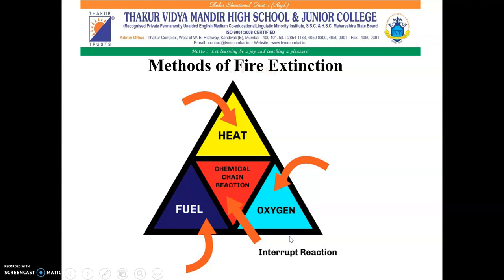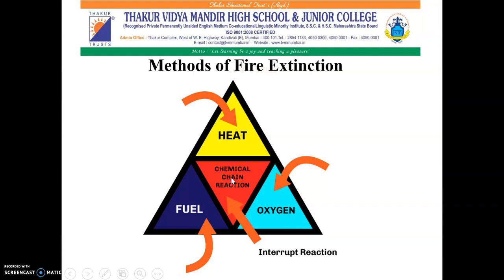Now, let us see the methods of fire extinction. But before that, first we need to understand how exactly the fire is produced. In this picture, you can see there is a triangle. At the center, chemical chain reaction is written and the 3 parts are heat, fuel and oxygen. So let us understand.